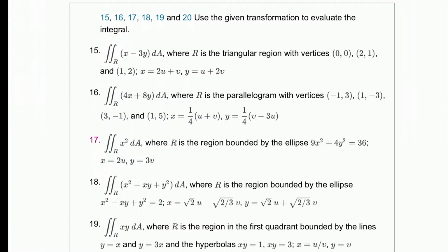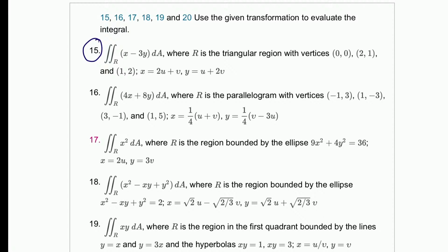It's section 15.9. I don't know what page, but you can figure it out. So let's take a look at numbers 15, 16, and 19. Let's start with 15, just to show you how this is done.